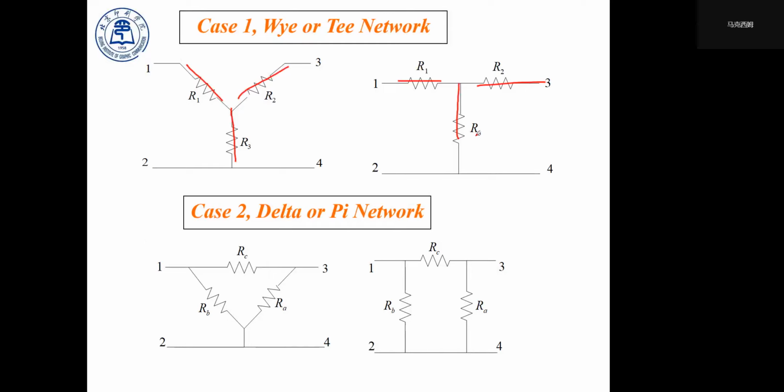Both are right. So it's very important to discover this kind of connection in the network. Once we have seen this kind of structure in the network, it helps a lot to analyze it. Since it's a very typical structure in circuits, it's very common and very useful to transform this kind of connection into another. Those two could transform to each other.